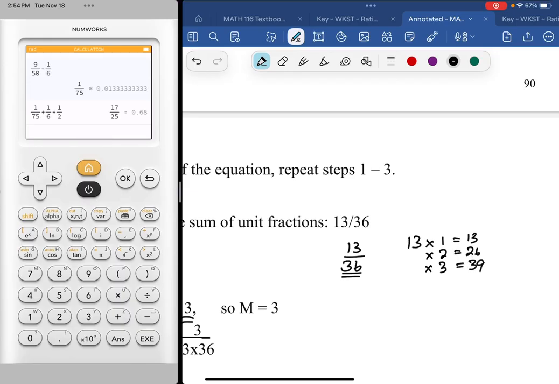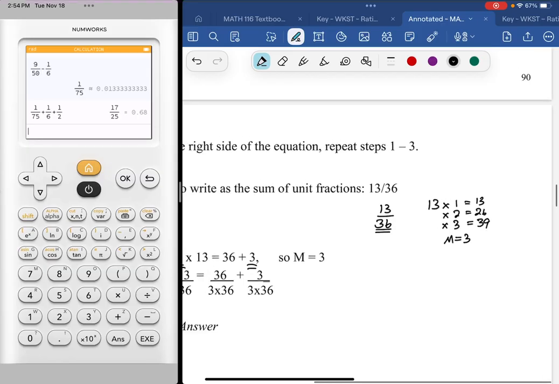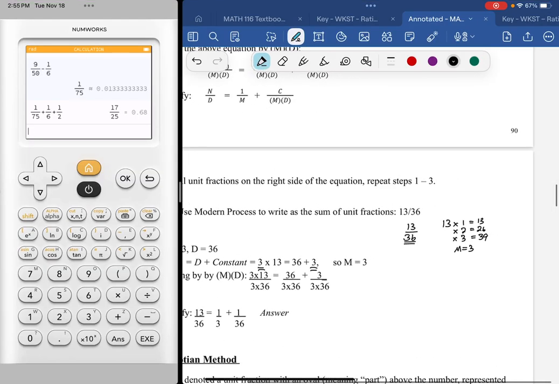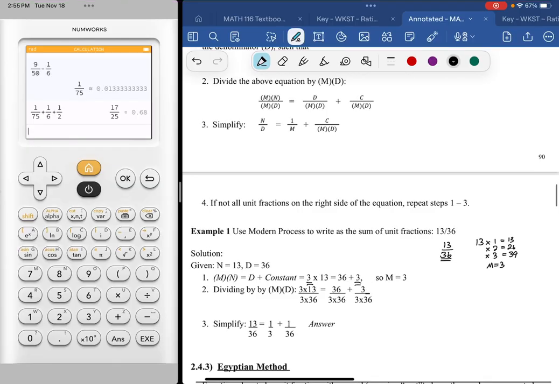So that makes the m value equal to 3. All right, so using the form, n over d is equal to 1 over m. So just going back to the simplified part, n over d is equal to 1 over m plus some constant, whatever the constant is, over m times d. All right, so that's ultimately the form that we're looking for.